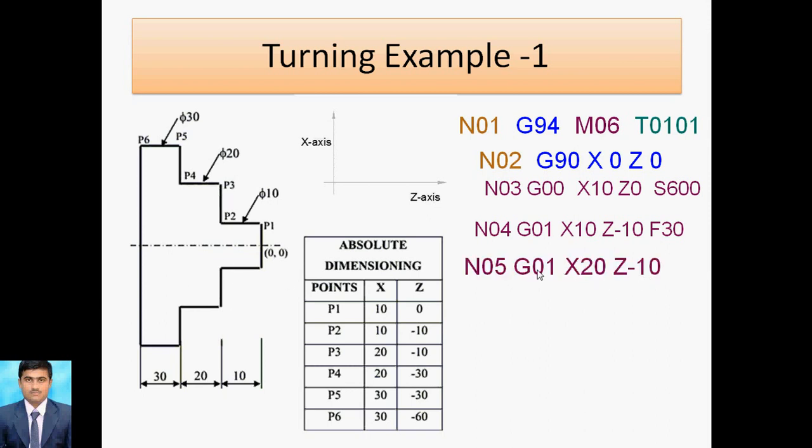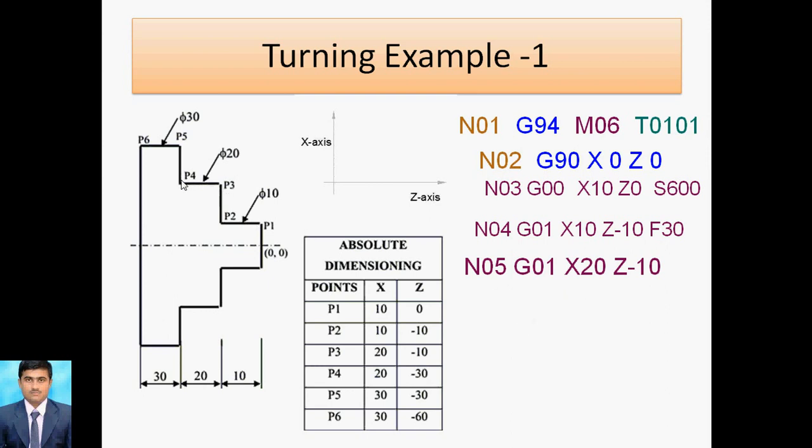X20, Z minus 10. G01 indicates the linear interpolation, that means the tool moves in a straight line. And in case of G00, rapid traverse is there, so the tool will move in a faster way to this point. That's why G00.